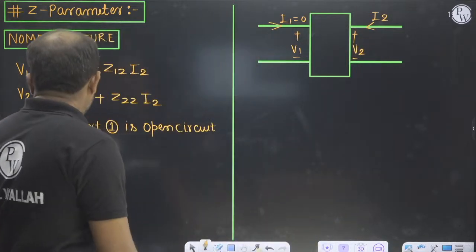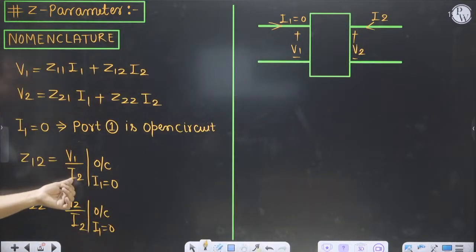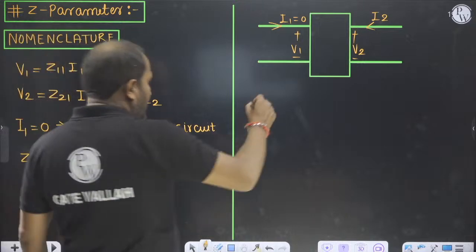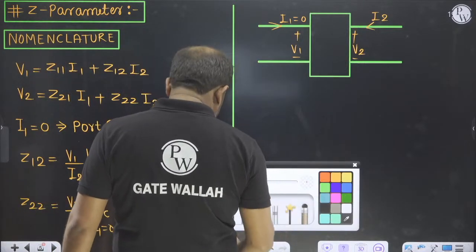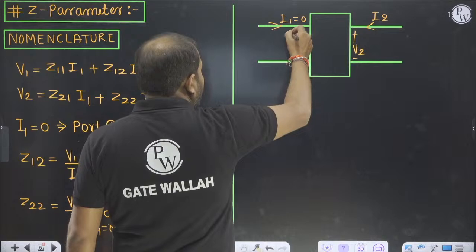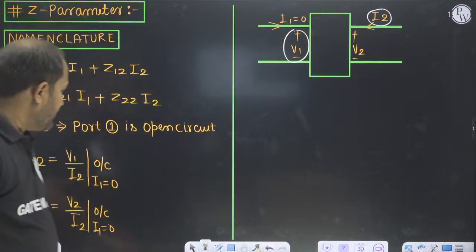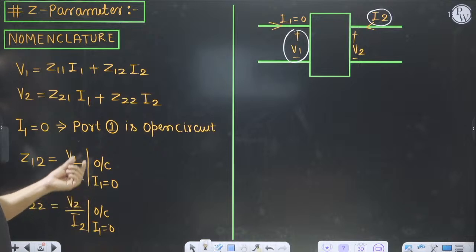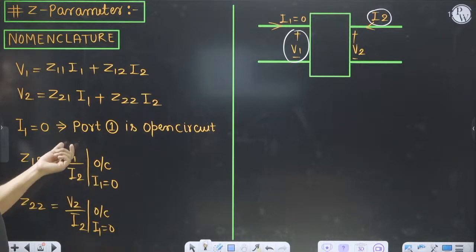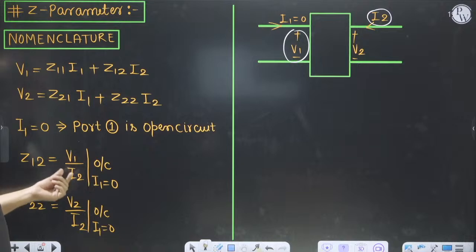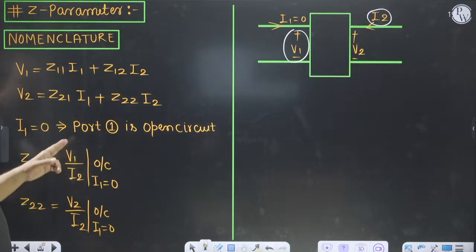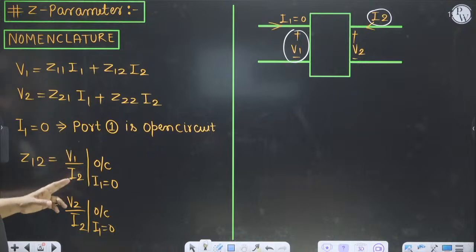So first is V1 by I2, which means V1 is output and I2 is input. So we can say that this one is reverse gain. Why is it reverse? Because the first port is output and the second port is input.